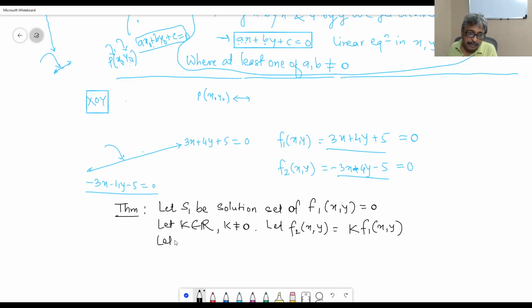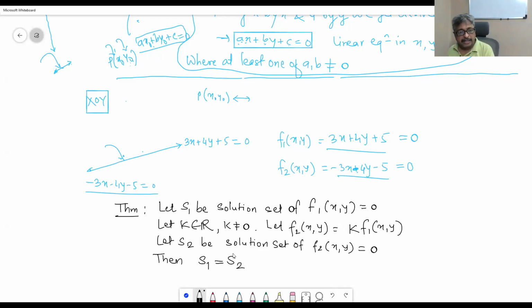Let S2 be the solution set of f2 of x comma y is equal to 0. Then S1 is equal to S2. Okay, this is the technical description of the theorem.